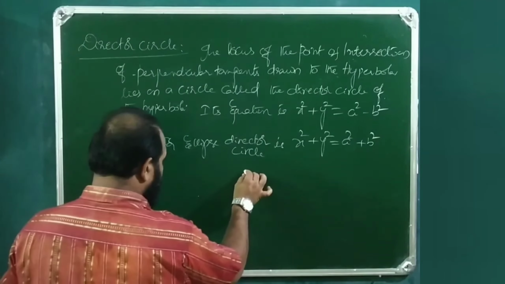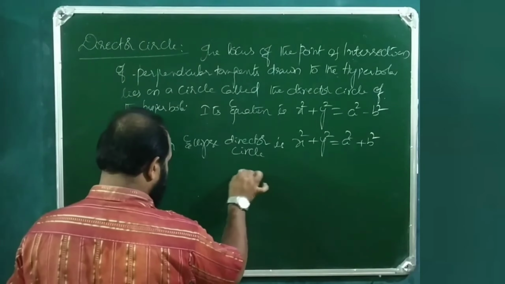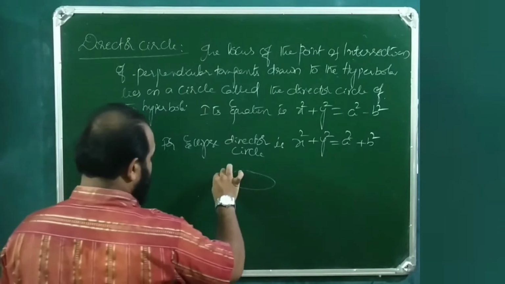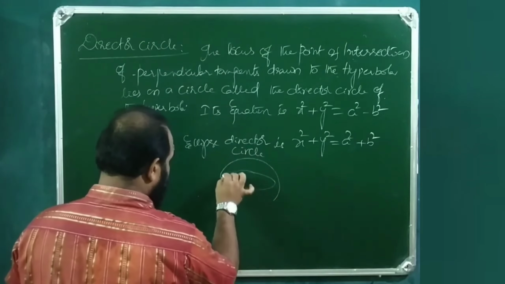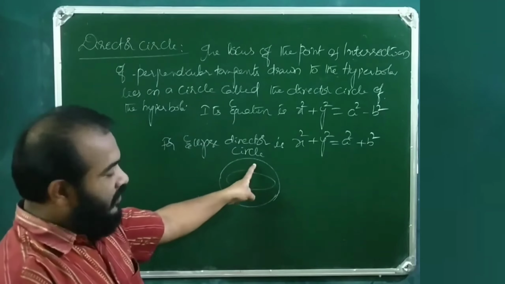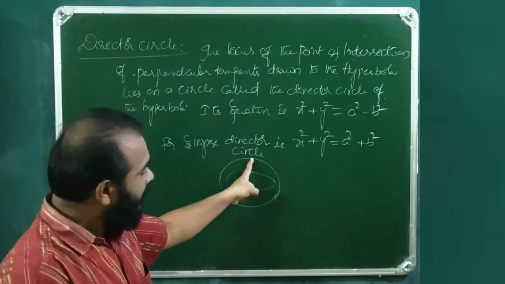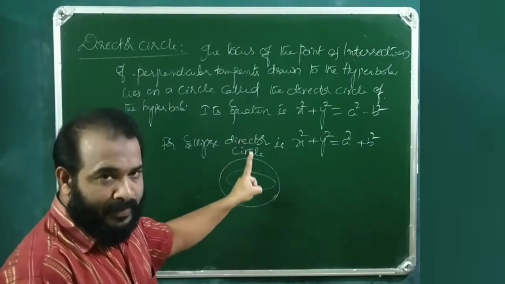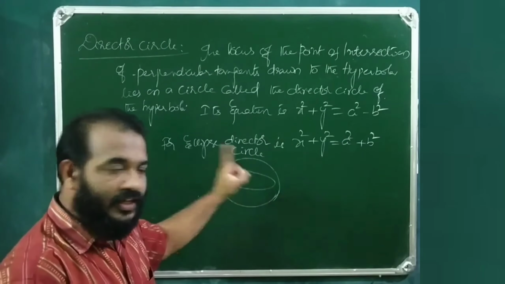So, this is the ellipse and this is the director circle there. This director circle is formed by the locus of the perpendicular tangents of the ellipse.